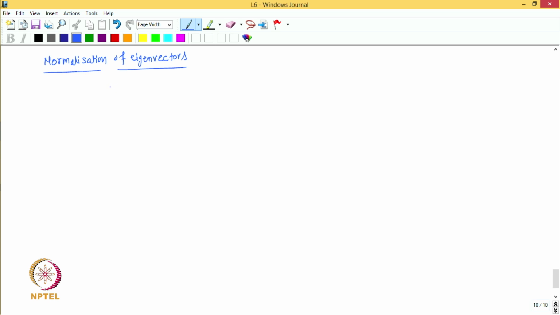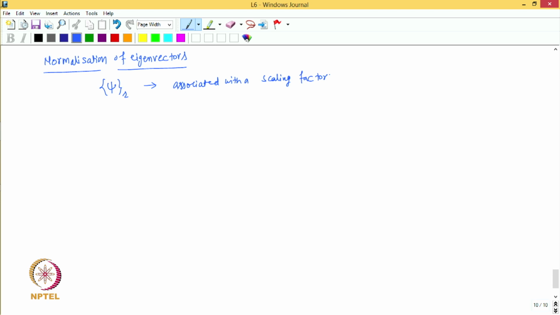So, as we said, if I take any particular eigenvector, it basically has an arbitrary scaling factor associated with it, right.